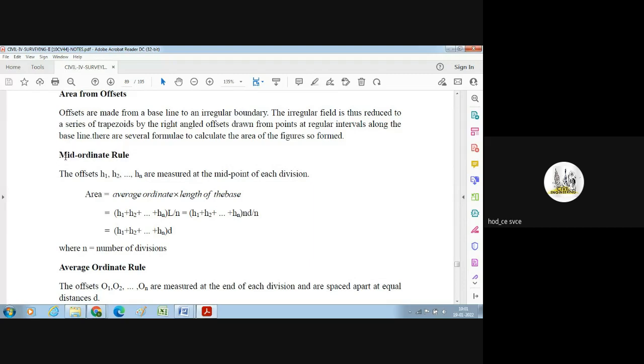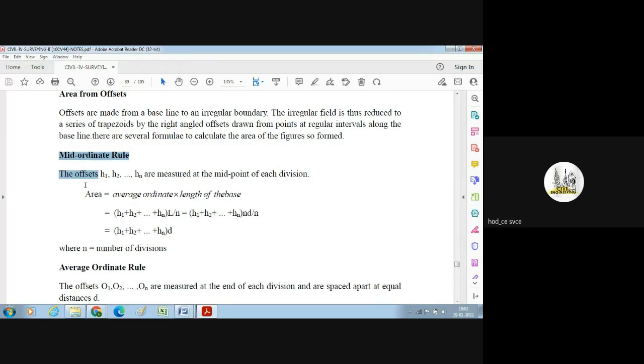And these are the formulas: the mid ordinate or average ordinate rules. These are used for calculating the area for roadways or canals. So the distance will vary, and if the distance varies, automatically the area also varies, right?